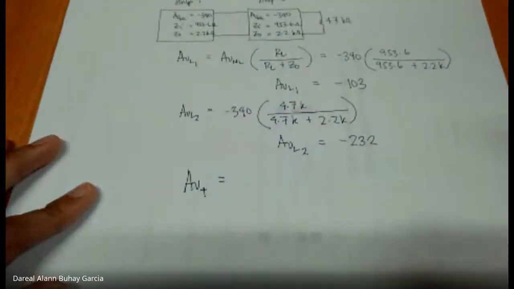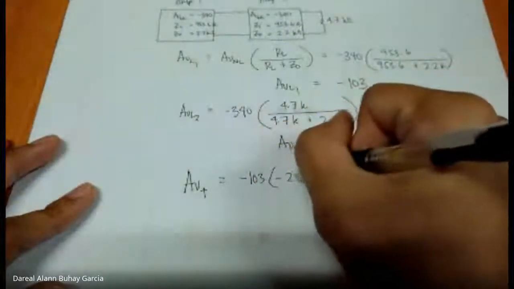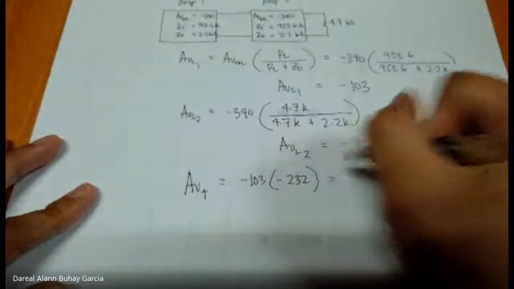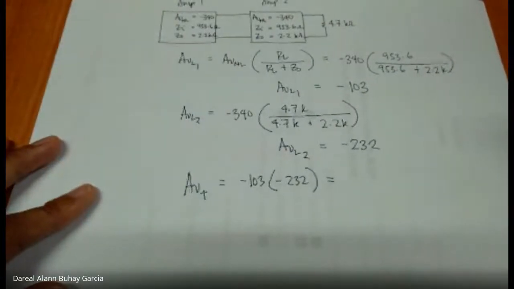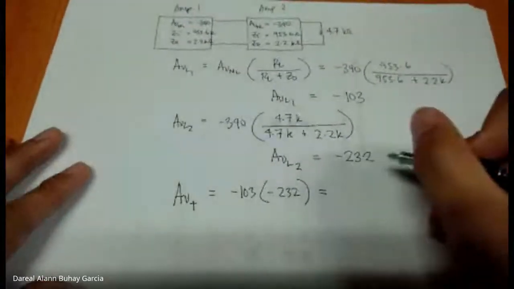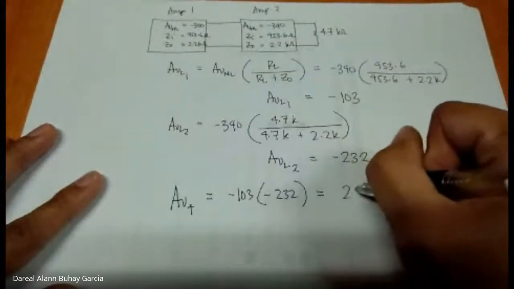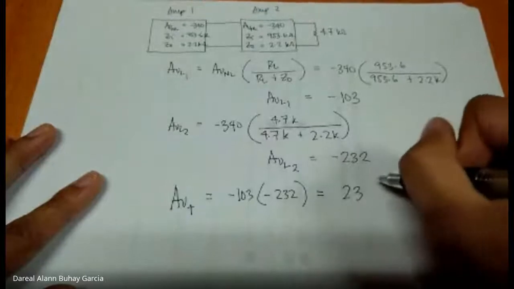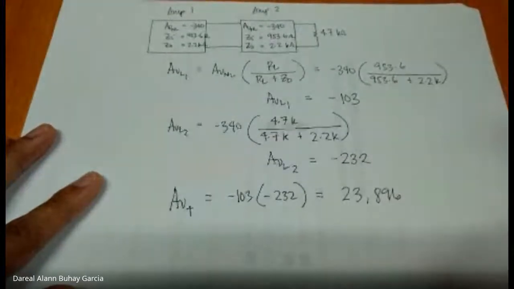So, answer gani ani, multiply lang duha, di ba? So, negative 103 times negative 232 is equal to 23.9K. 896. Gain ni siya, no? So, wala unit.